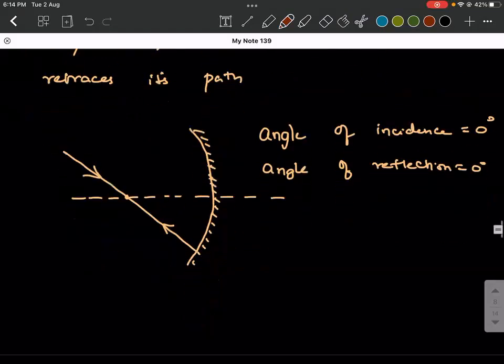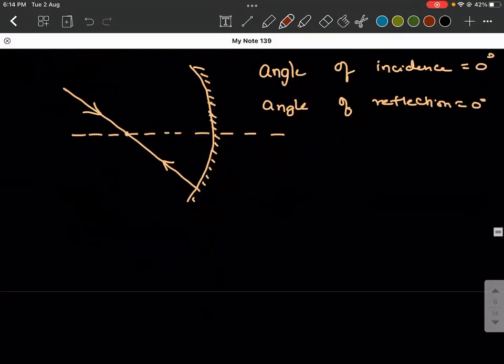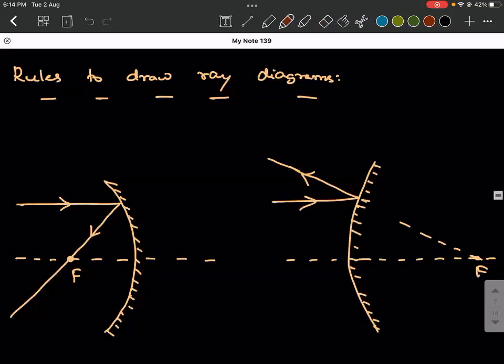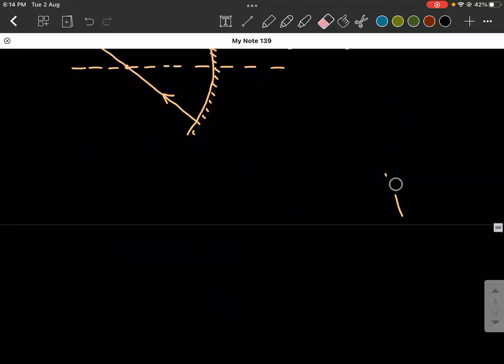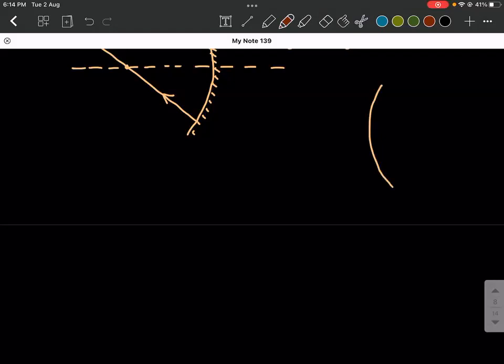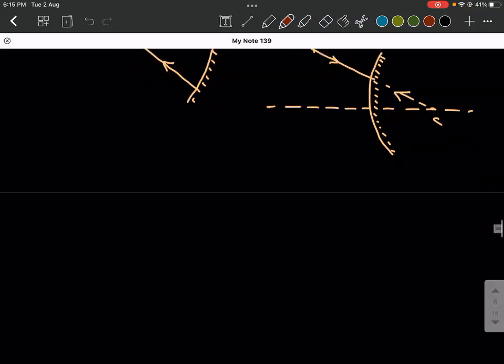So the same is the case with respect to a convex mirror as well. It is something like this, right?